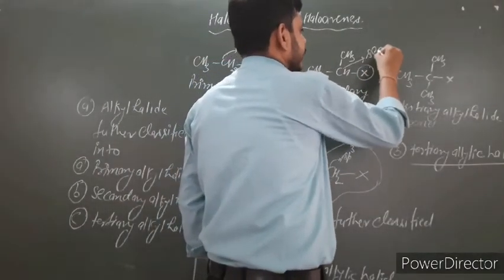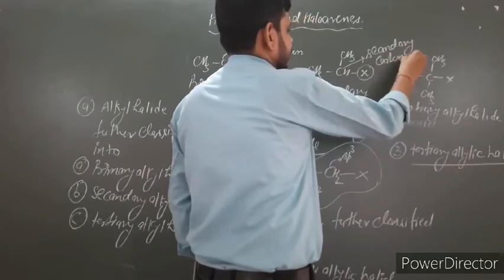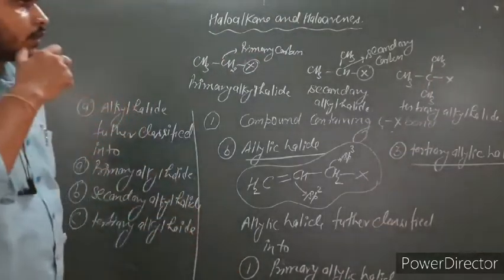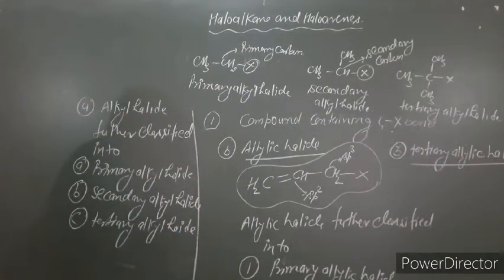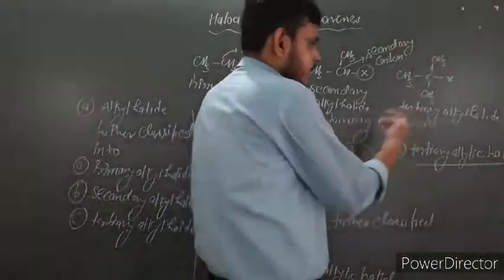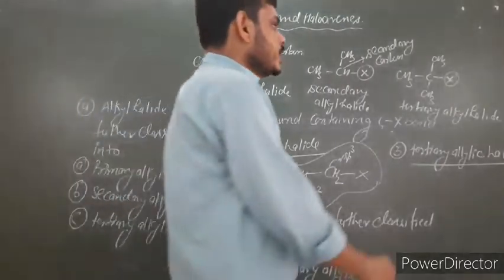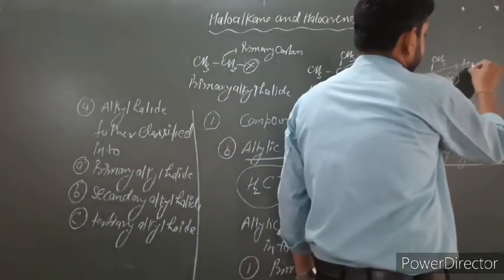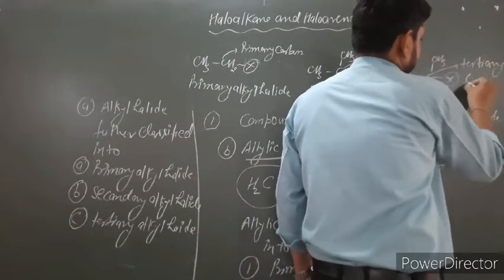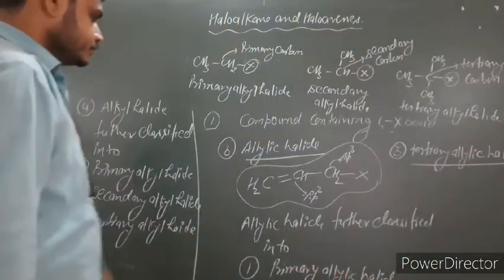This is the secondary carbon. So it is called secondary alkyl halide. And in the last, tertiary alkyl halide, the halogen atom is directly attached with the tertiary carbon. This is the tertiary carbon. So it is called tertiary alkyl halide.